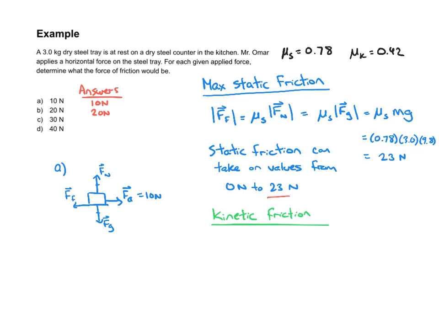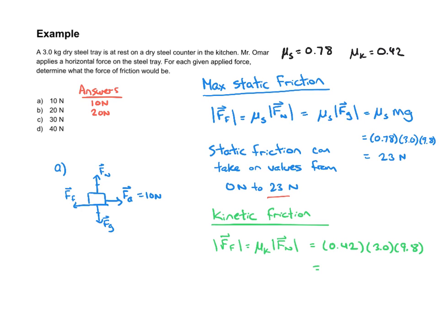So now I'm going to calculate out the force of kinetic friction, which will be the same formula for friction, however, using the kinetic coefficient. Basically all I'm changing is the 0.78 changes to 0.42, the kinetic coefficient. That'll be times the normal force, which is equal to the force of gravity, which is equal to mg. That part all stays the same.